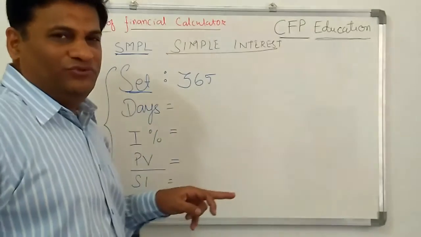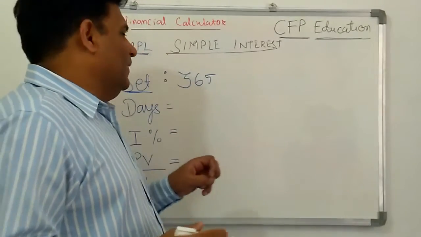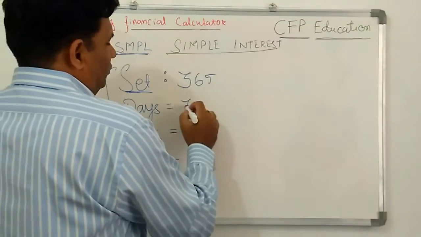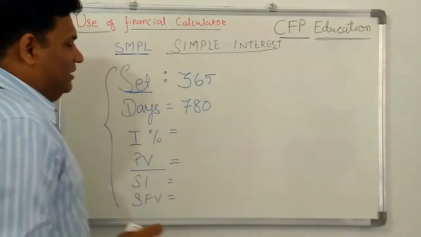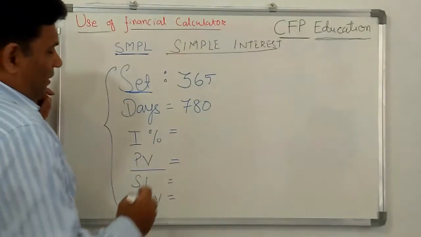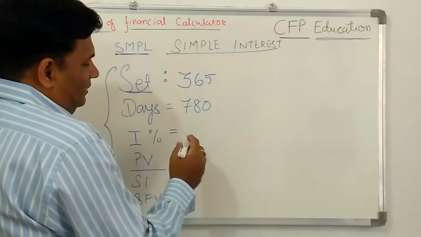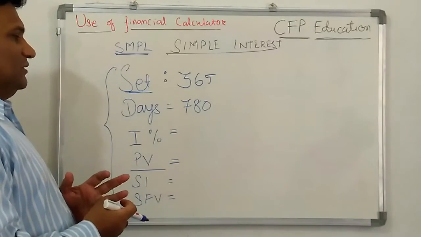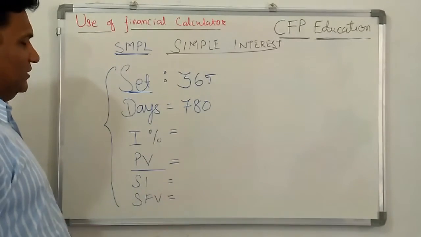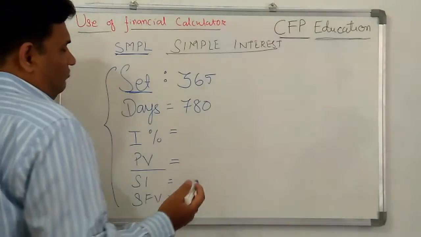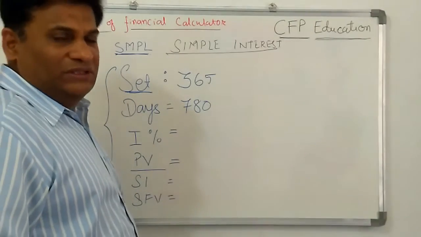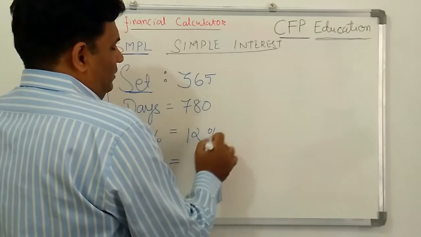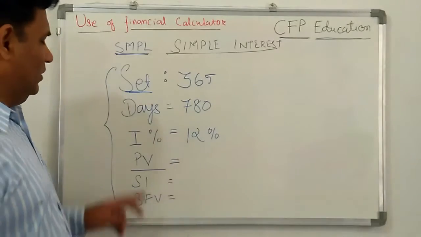Then, for how many days you want to calculate interest. So here, say we go for 780 days. Then the annualized rate of interest: if you give somebody money, say 1 lakh or 2 lakhs, and you ask for simple interest like 12%, then type 12% here.